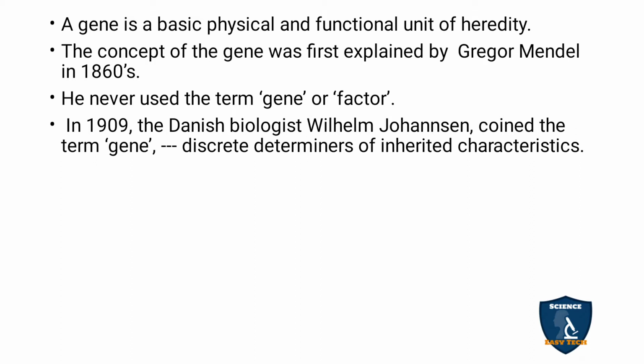In 1909, after his demise, the Danish biologist Wilhelm Johannsen coined the term gene. According to him, discrete determinants of inherited characteristics, that is, the characters from one generation to another generation, are transmitted through genes.